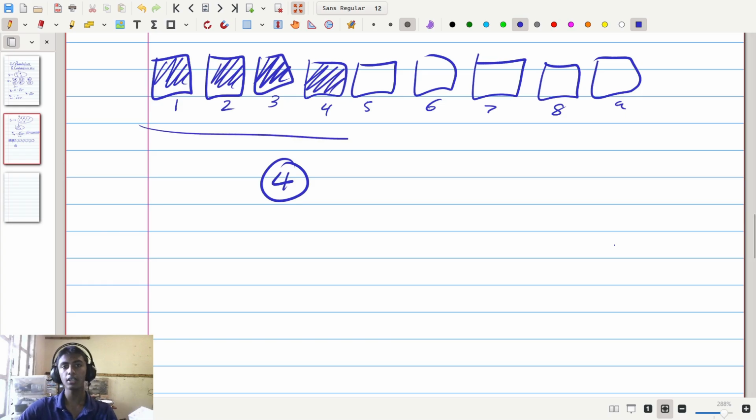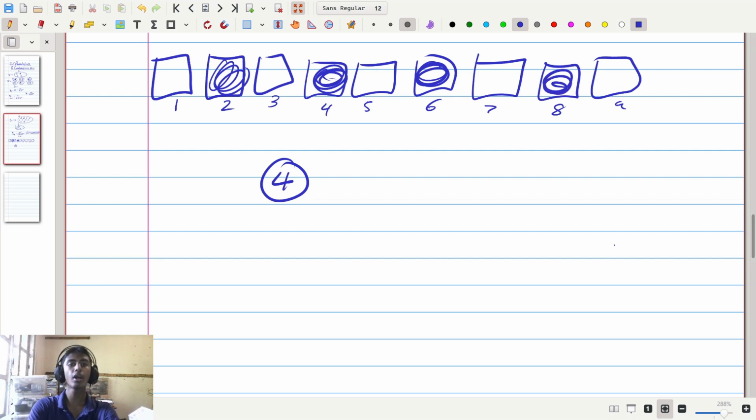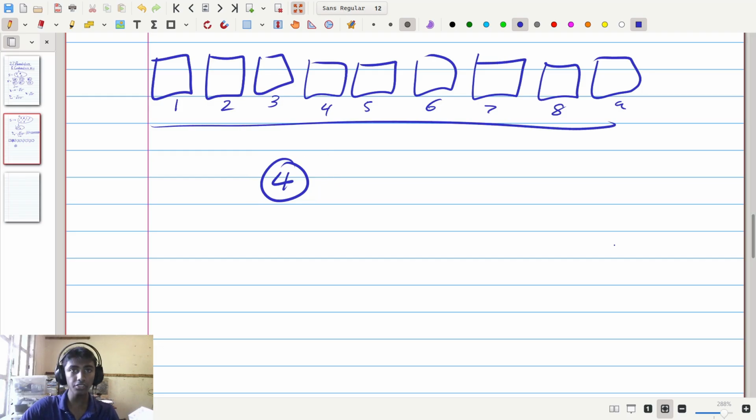Here we can see the first 4 chairs get taken in this combination. Another way is for the second chair to be taken, let's say the fourth chair to be taken, the sixth chair to be taken, and the eighth chair to be taken. The question is, how many different such arrangements of seatings are there? Here again I'm re-emphasizing that each of these people are non-unique. We just want to see whether a person sits or does not sit in a given chair.